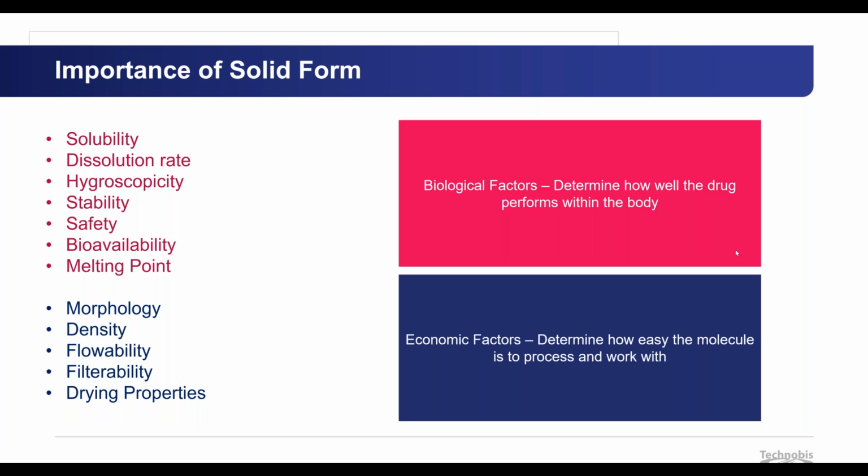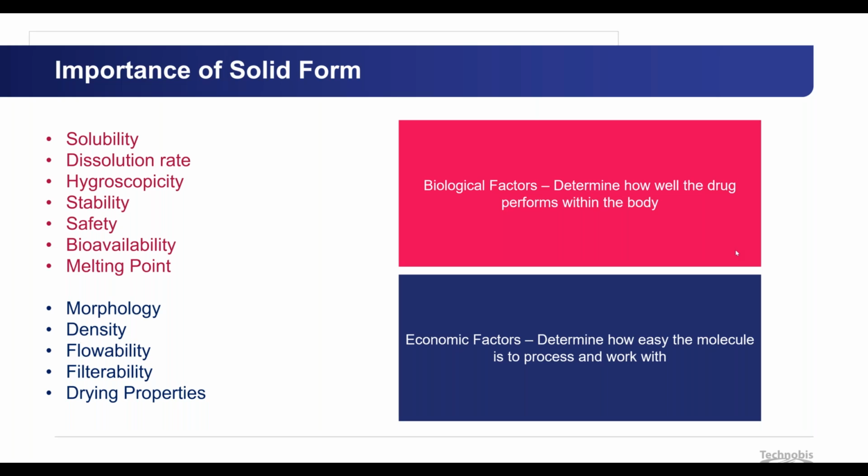We look into solubility and the importance of the solid form. Why do we look into the solid form, and what should we look for? Of course, when you bring a solid form, you look into solubility, dissolution, hygroscopicity, safety, of course, as well, but also morphology and other particle properties.